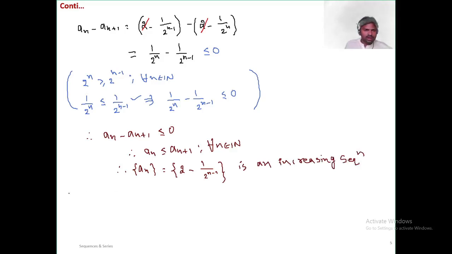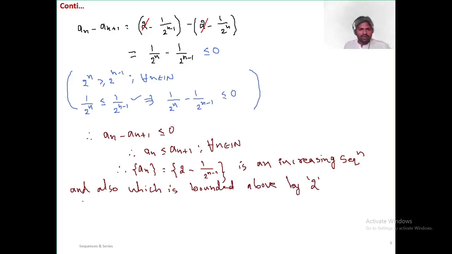Once it is an increasing sequence, it is also bounded above. Bounded above by which number? Bounded above by the number 2. Okay, therefore what is the conclusion?